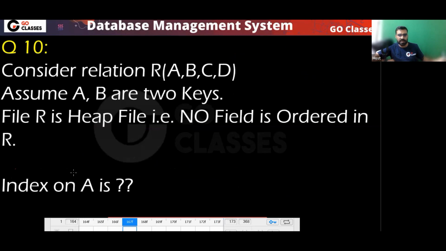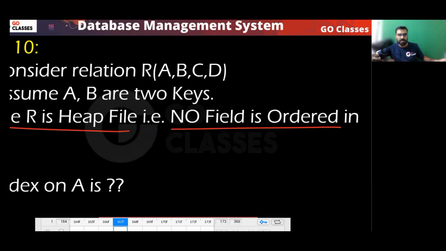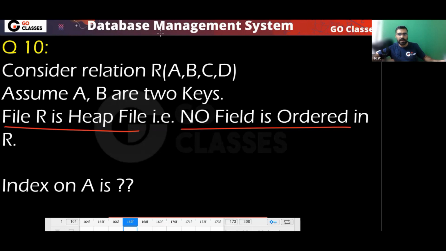Tell me question number 10. Now, your file is a heap file. Your file is using the heap organization, meaning no field is ordered. Because you are using the heap organization, every index that you create will be a secondary index.